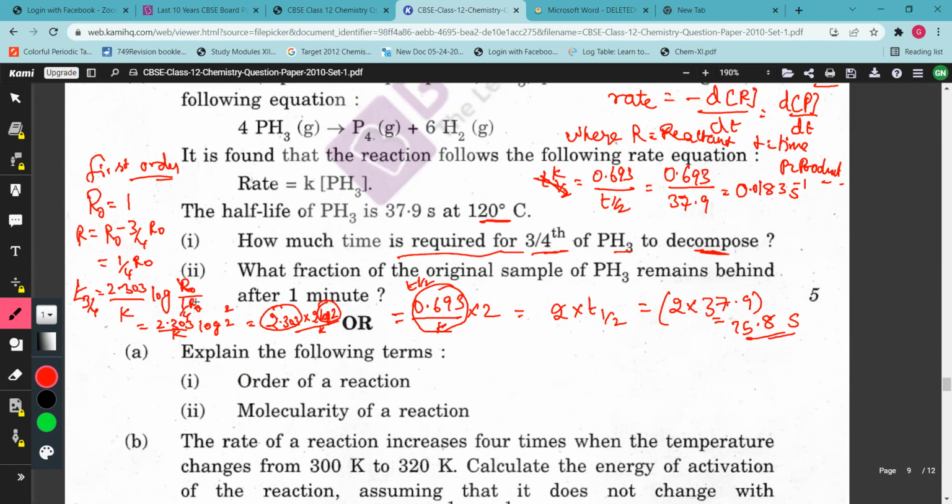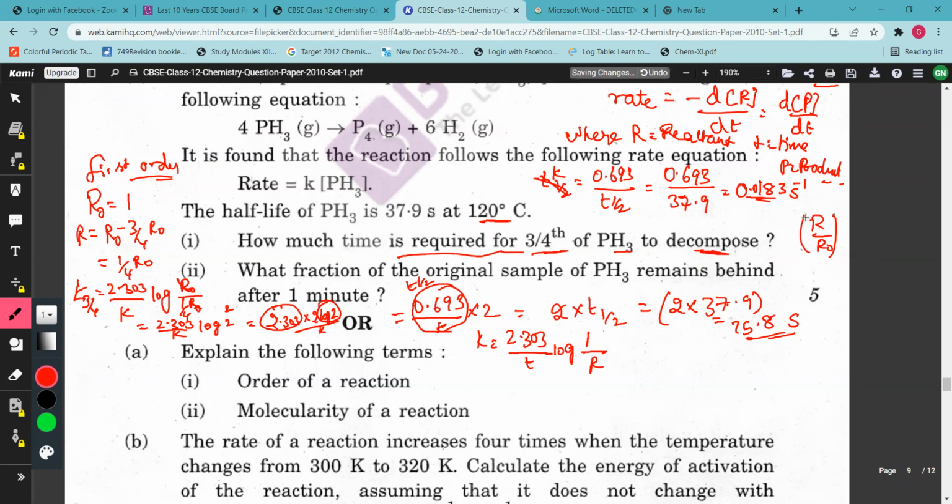So you're asked to calculate R. For that, we should know K. So instead of K, we can write K is equal to 2.303 by t log of R naught by R. Whenever we are asked something about fraction, you use R naught as 1 and R we don't know. That's what is asked. Fraction of original sample left out means R by R naught you have to calculate.